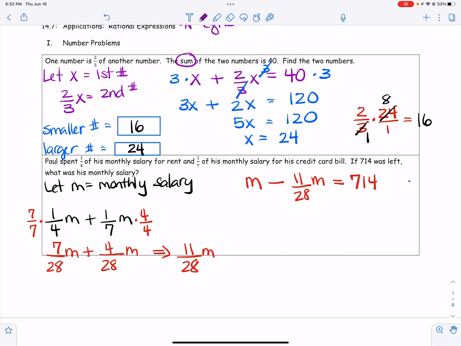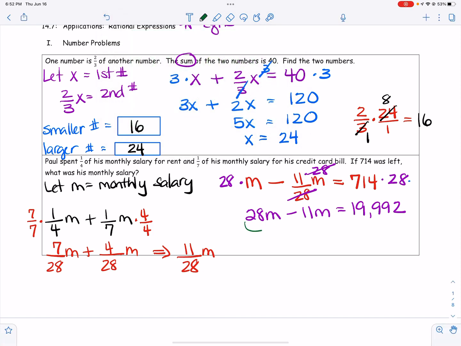I'm going to clear the fraction by multiplying everything by 28. And so that gives me 28M. This 28 cancels this 28, and I have 11M. And 714 times 28 is 19,992.